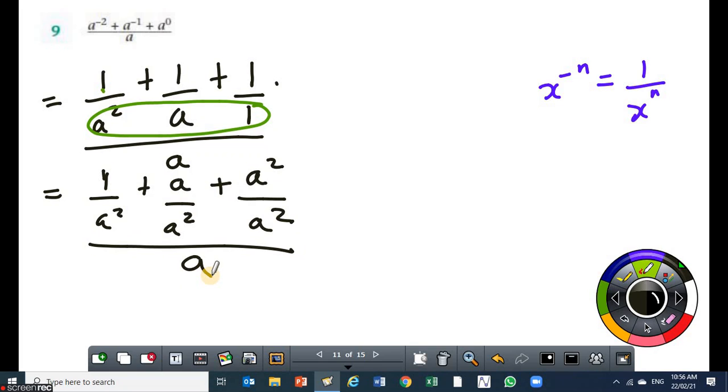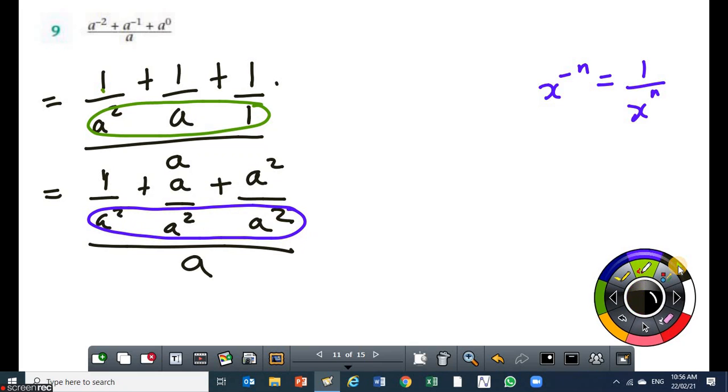Now that I've got a common denominator, which is a squared, I can now rewrite my numerator in such a way that the numerators have the same denominator. So my next step is 1 plus a plus a squared all over a squared, all over a.